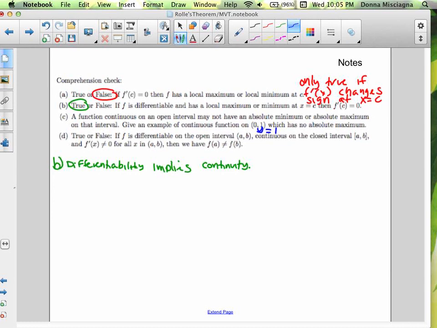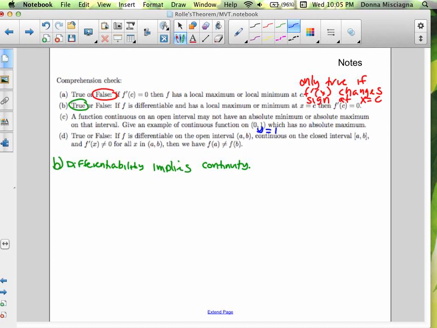Everything is 1. And true or false, if f is differentiable on the open interval (a, b) and continuous on the closed interval, and f prime of x does not equal 0 for all x in (a, b), then we have f of a does not equal f of b.